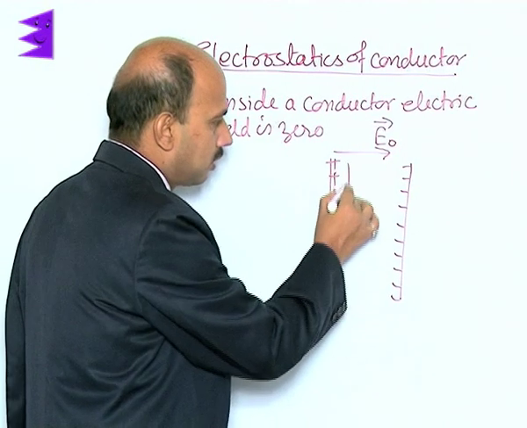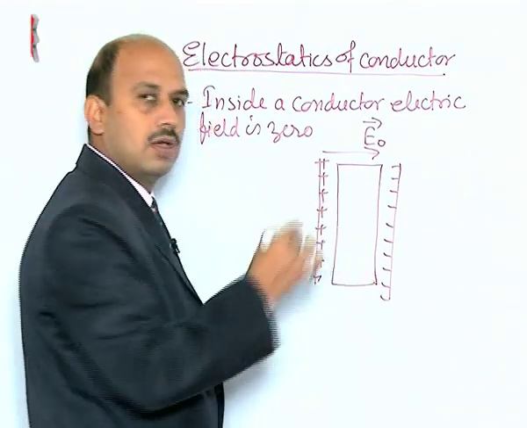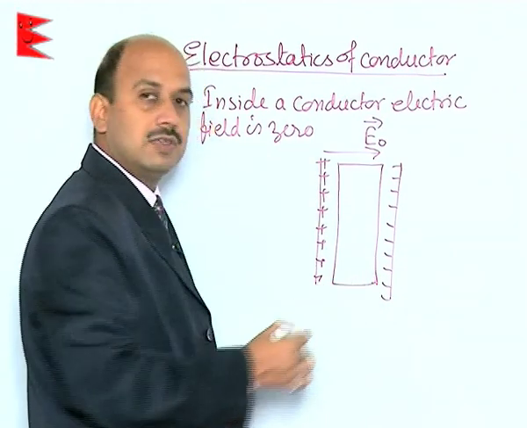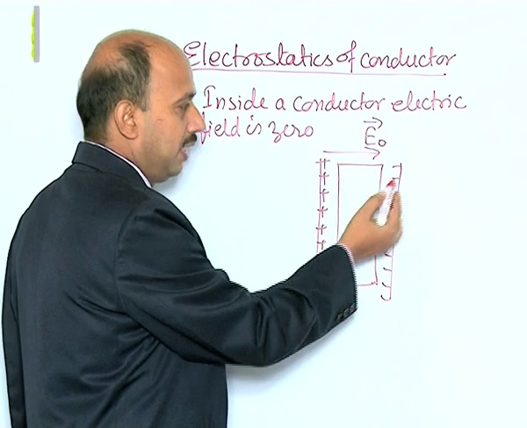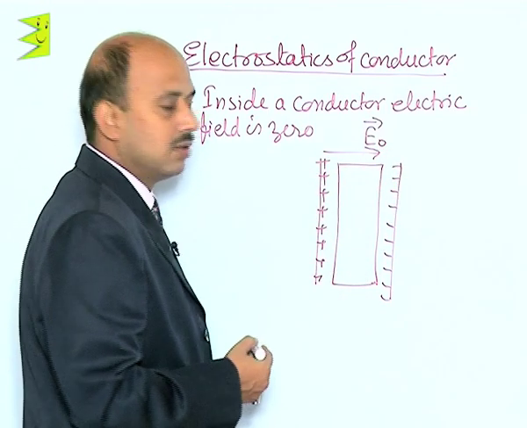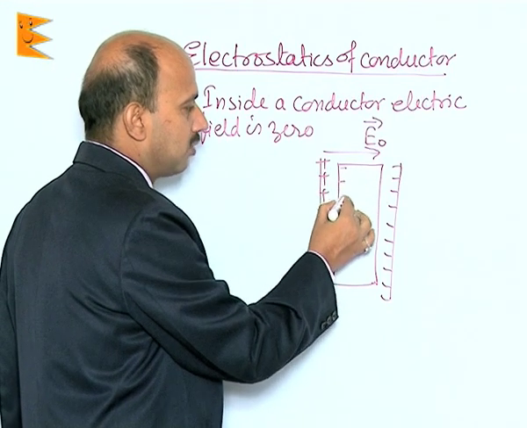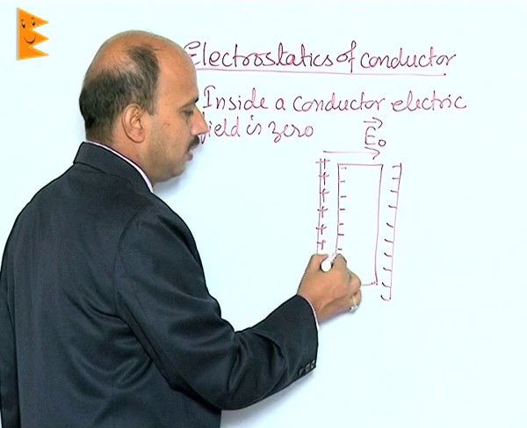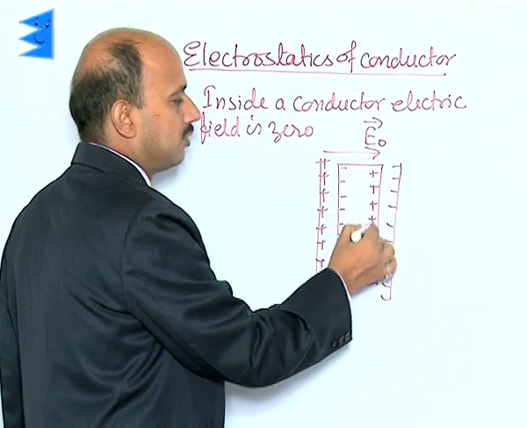Now there is a conductor. If you are placing a conductor here, the conductor has charges which are free to move. Because the electric field is in this direction, electrons will move opposite to the electric field. So all the electrons of this conductor will align to this side and positive charge will move in the direction of the electric field.